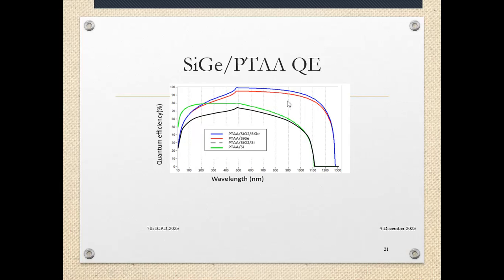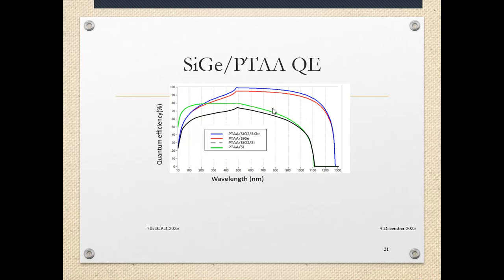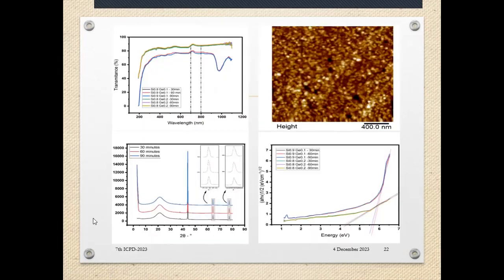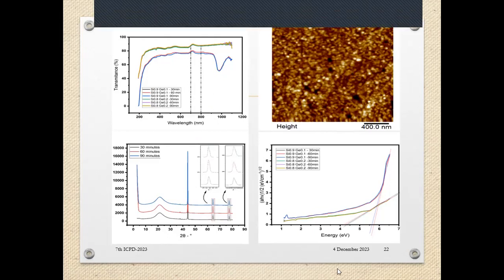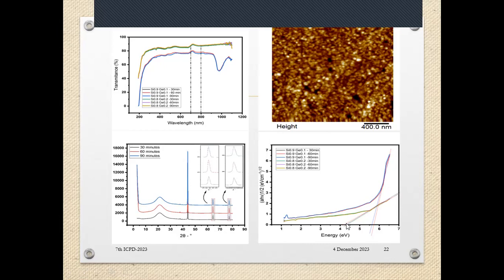So that signifies the silicon dioxide passivation by a carrier selective barrier is significant, and it also shows the differences in silicon germanium quantum efficiency compared to the silicon nanostructures. And we realized the nanocrystalline nature of silicon germanium with our AFM characterization, then XRD characterization of different orientations of silicon germanium, and then eventually the absorption spectrum shows that it is greater than 4 electron volts.